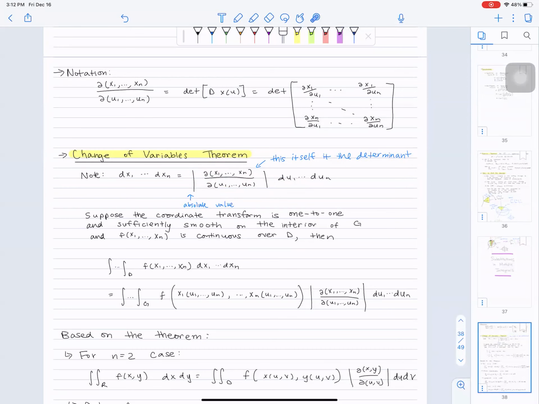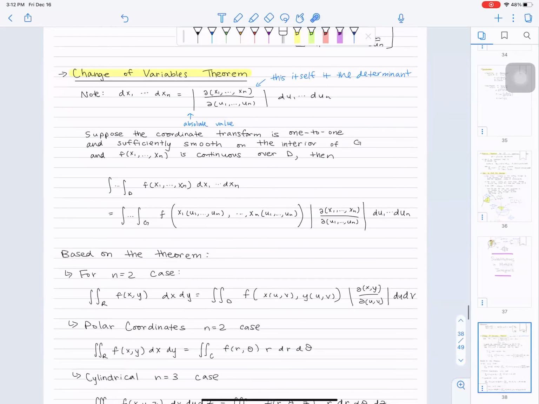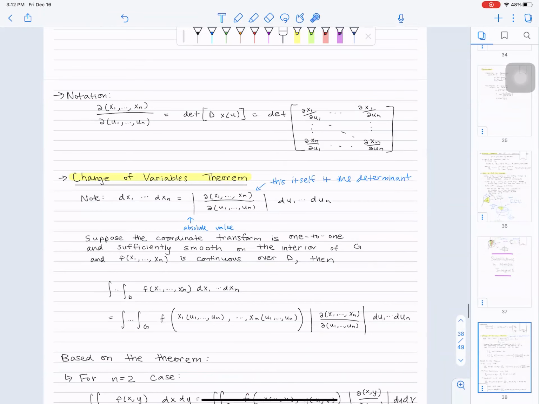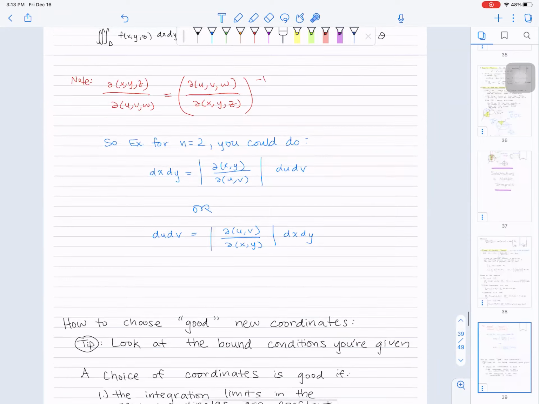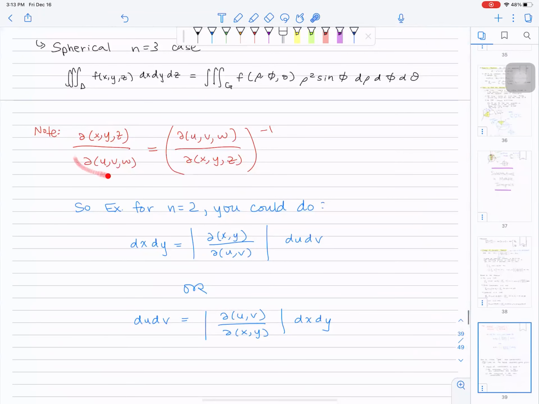So let's do an example, because we can follow this formula, but what matters is applying it. Also remember that if you were trying to find a Jacobian matrix where X, Y, and Z are your outputs and U, V, and W are your inputs, then if you wanted to use U, V, W as your outputs instead, it would be the inverse.